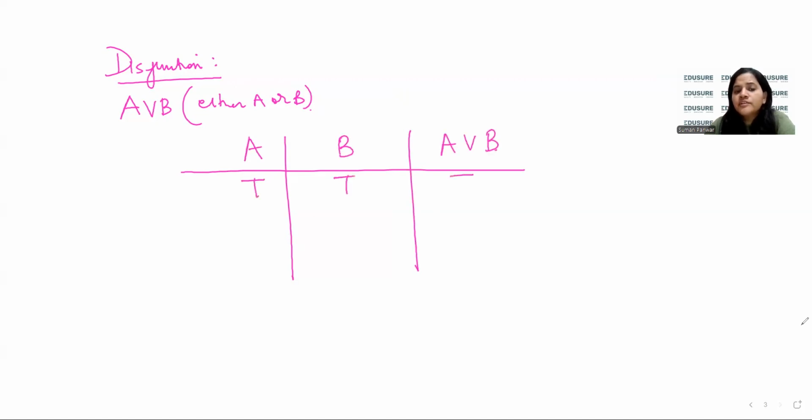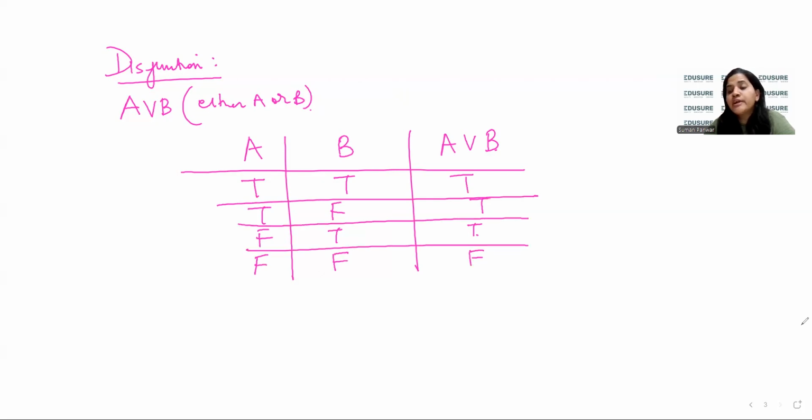If this is true, this is false, this is true. It means if either of A or B is true, we are going to have a true statement. Similarly, A false, B true, true. And if both are false, then only we will have false. Okay.